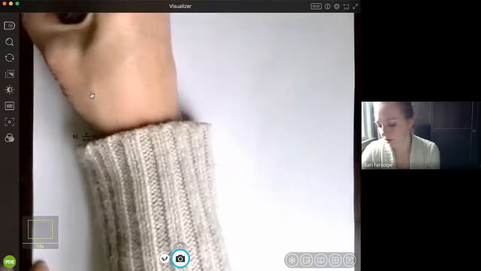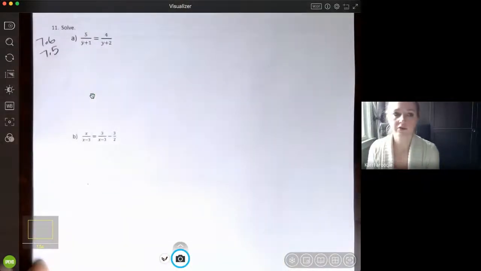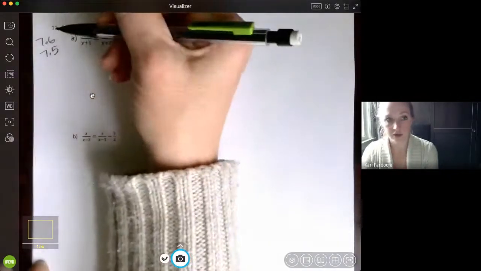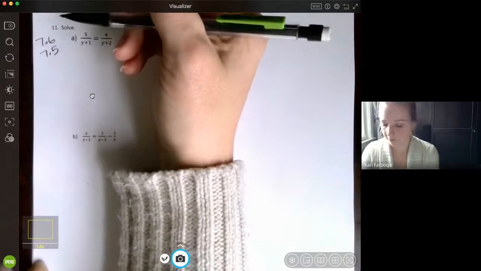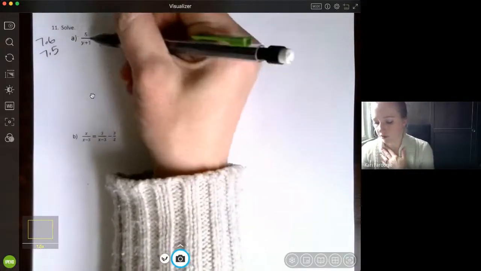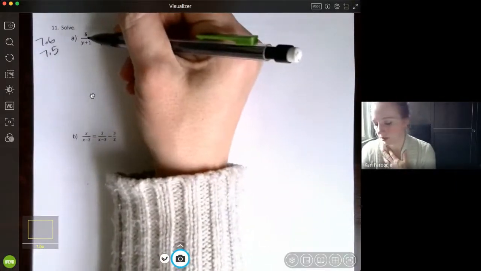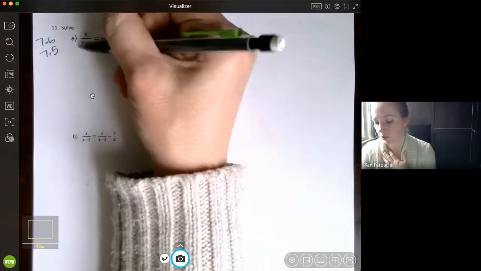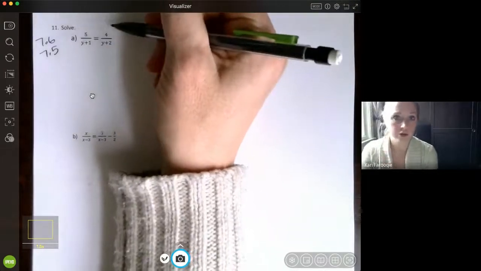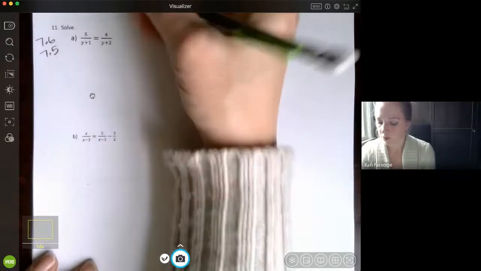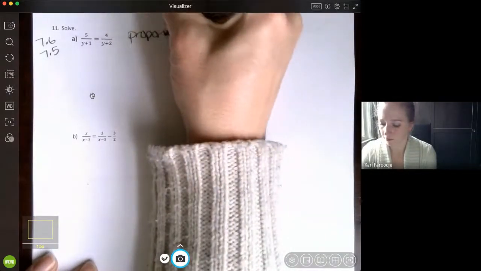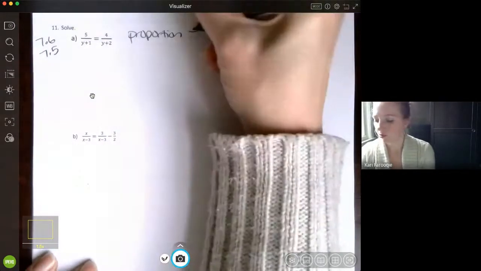Technically, this was also covered in 7.5, solving rational equations. But remember that the 7.6 part was discussing specifically proportions. A proportion is when you have an equation with rational expressions where you have only one term on each side of the equation. When you have a proportion, I'm going to write it down, you can cross multiply.